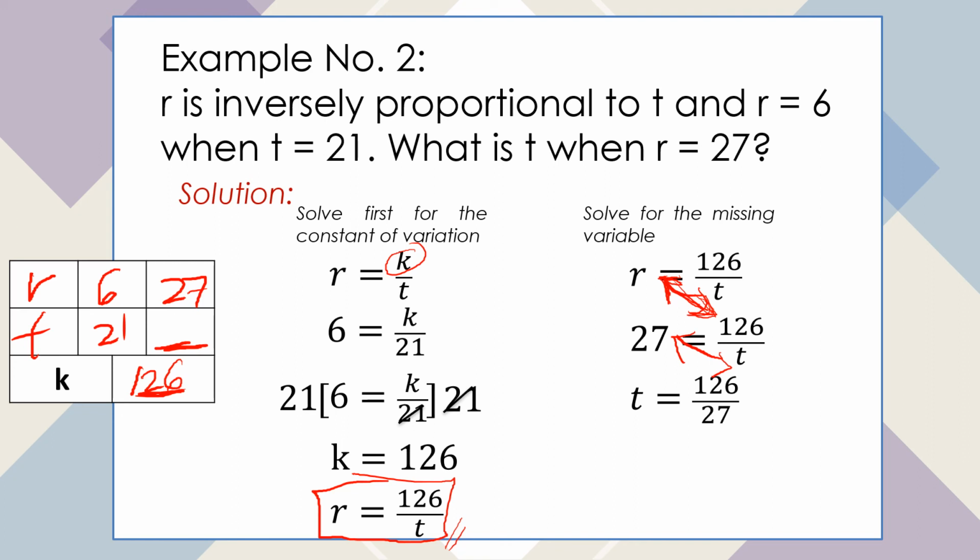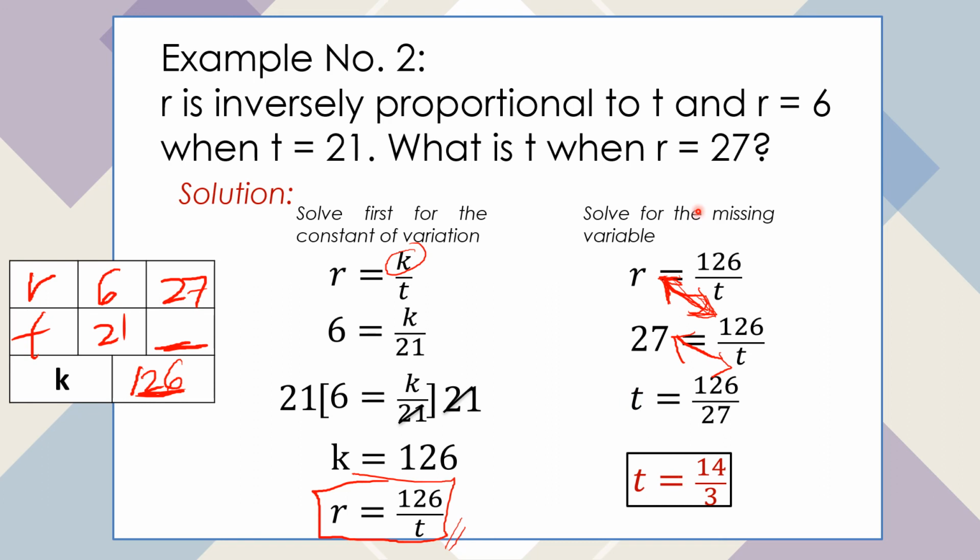Tandaan ha, kapag inverse, pwede natin pagpalitin yung pwesto ng R at T. Kasi kapag tinimes mo naman siya, tapos dinivide, ganun din ang kalalabasan. Equal lang yung magiging equation. So, we have 126 divide 27. That would give us 14 over 3. Kasi hindi siya divisible, i-simplify lang natin siya. We have 14 over 3.